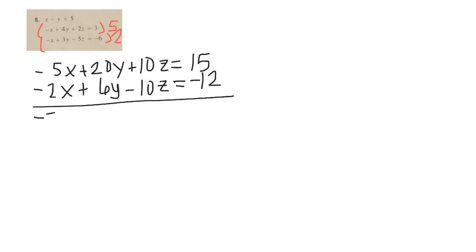Then I have negative 7x plus 26y, the z is 0, equals 3.